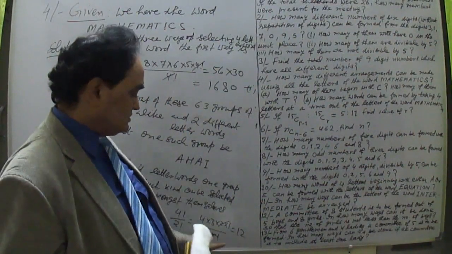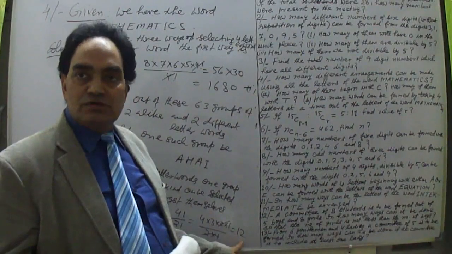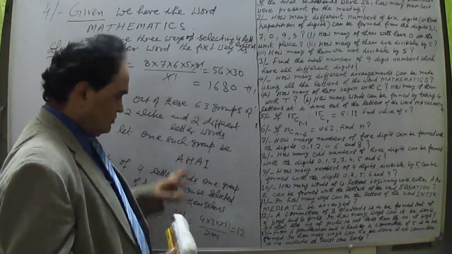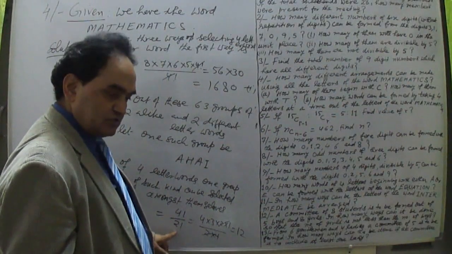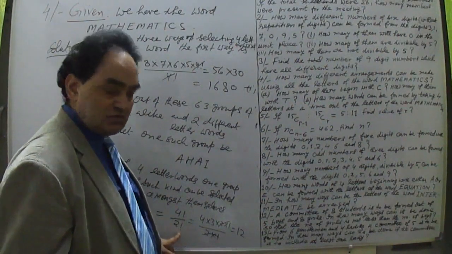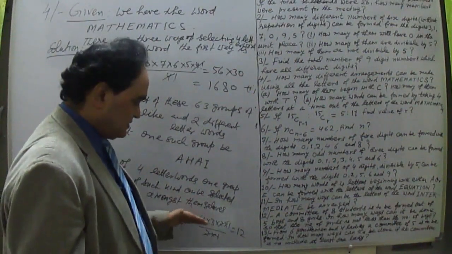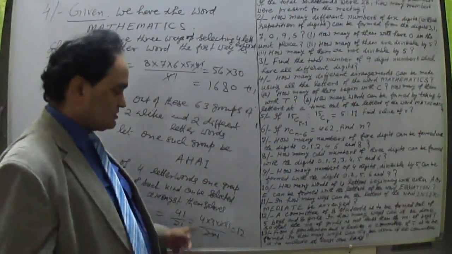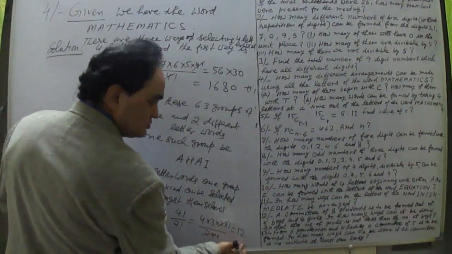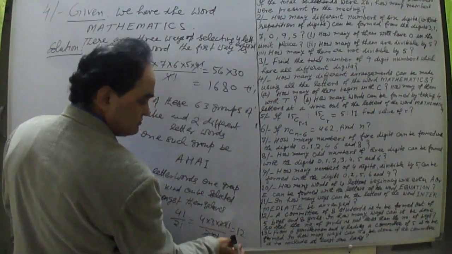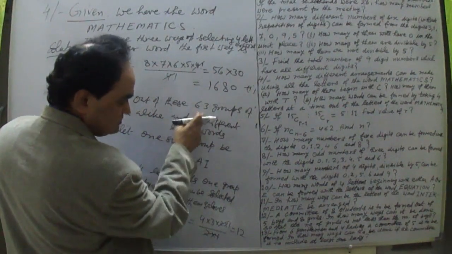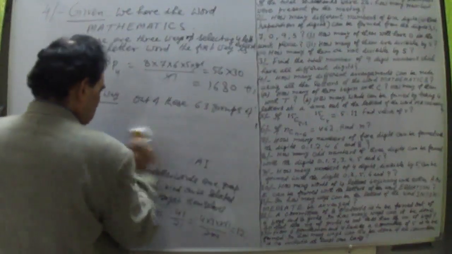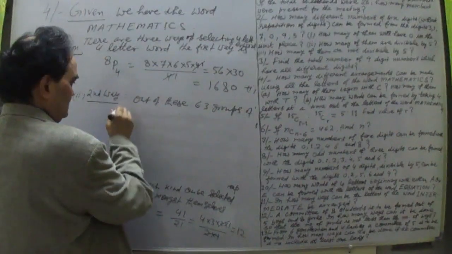One such group can be selected in 12 ways out of this 4-letter word, and because two are similar, this is the permutation of the group. So 12 arrangements are there, but such groups are 63. So 63 into 12.